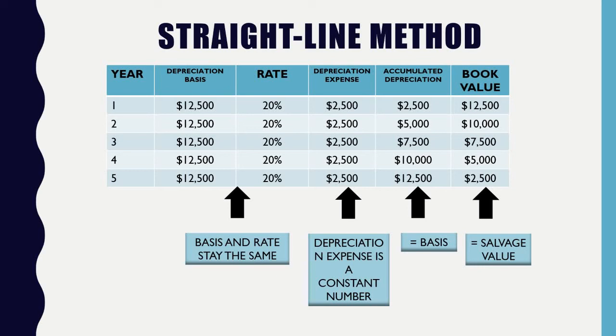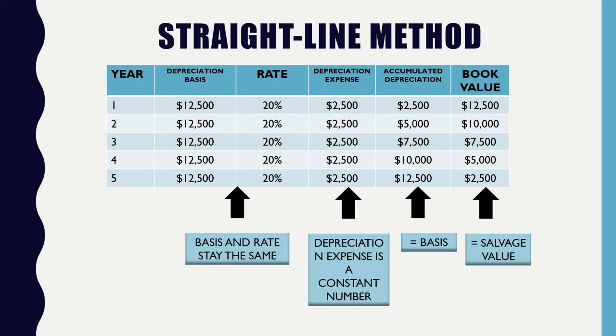If you're constantly multiplying your basis times rate, and the basis is the same number and the rate is the same number, so will your depreciation expense be. Hence, this is the easiest one and people like it the most, because you only need to solve for 1 or maybe 2 problems and you're good to go.